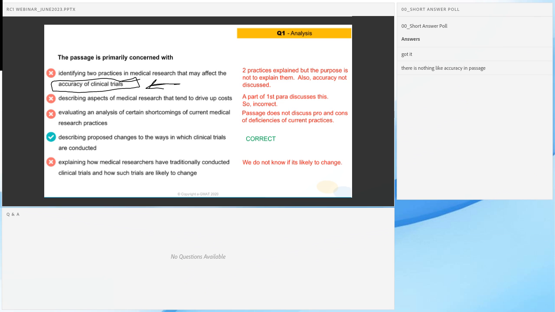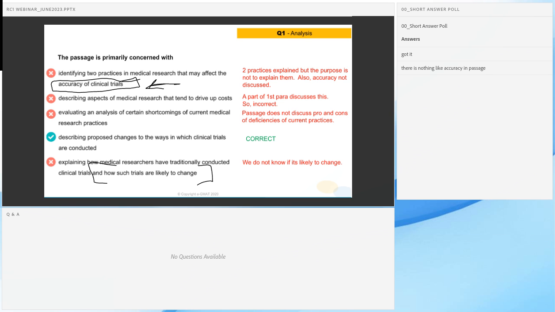Okay, Rishikesh says, I hope I'm pronouncing your name correctly because I don't know how the H comes in, what if such trials are likely to change was not there in choice E? If it was not there in choice E, then it doesn't encompass the scope of the passage because the passage is about proposed changes.